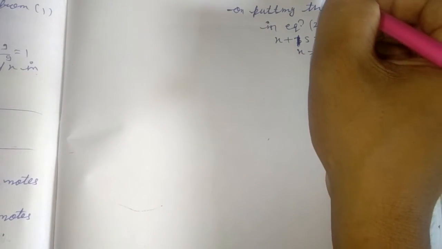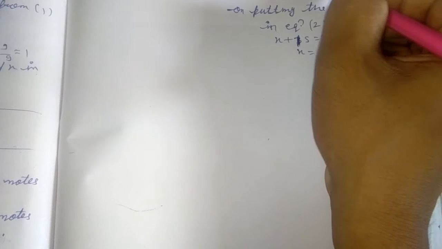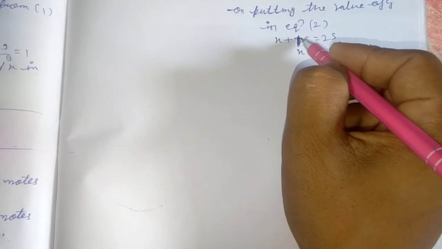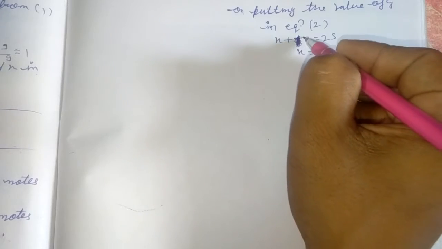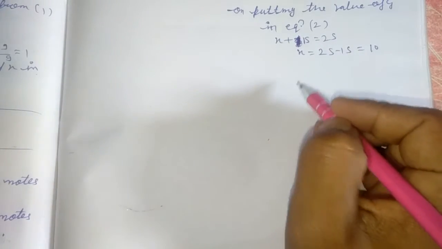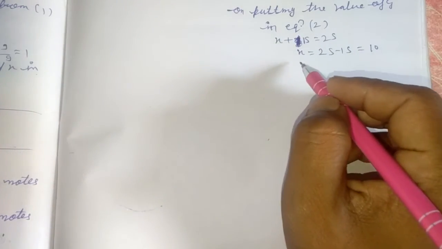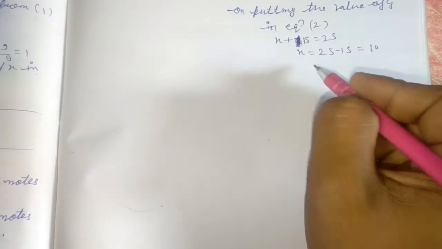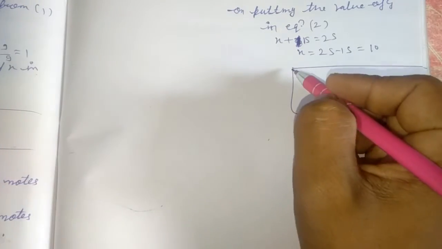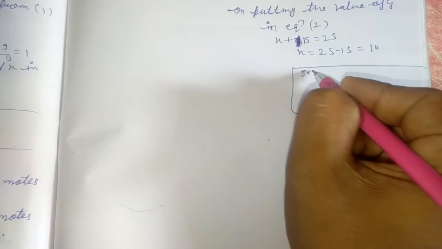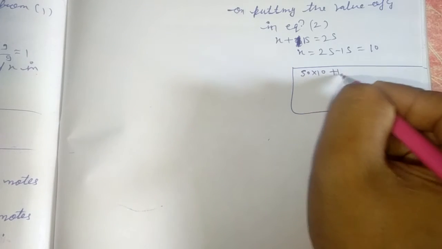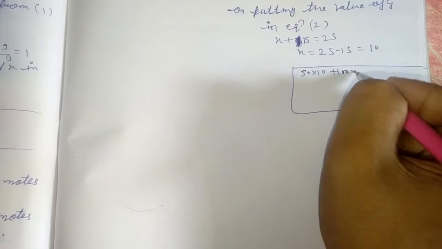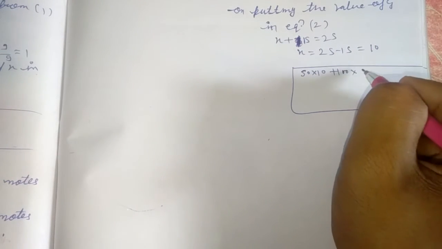Now it is 15. So now we will check here in the first equation, 50 into x means 10, plus 100 into y means 15.